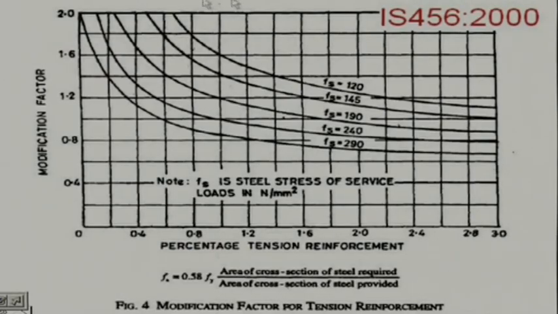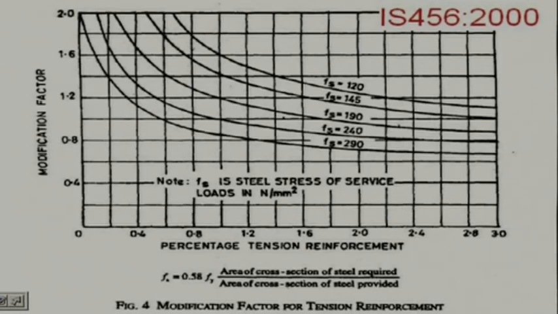So, we shall use figure 4, modification factor for tension reinforcement. We have given the tension reinforcement, which Ast we have calculated, and here we are getting 0.373%.